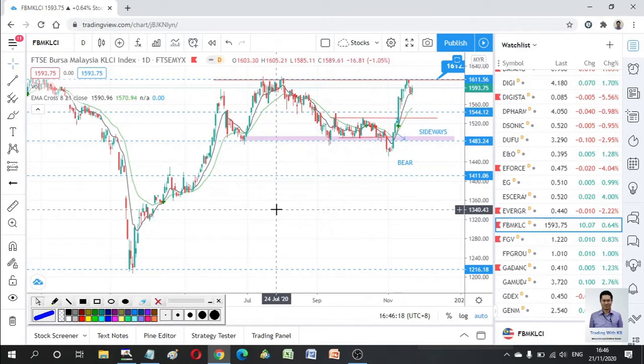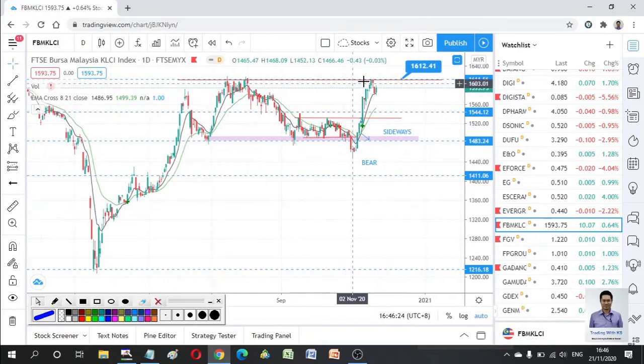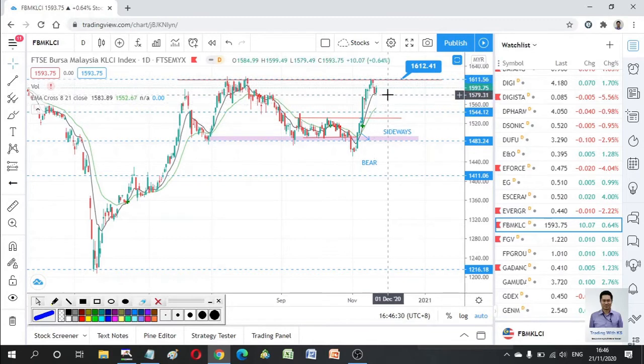The market was unable to break. It tried to break but was pushed down to the 1580 area.